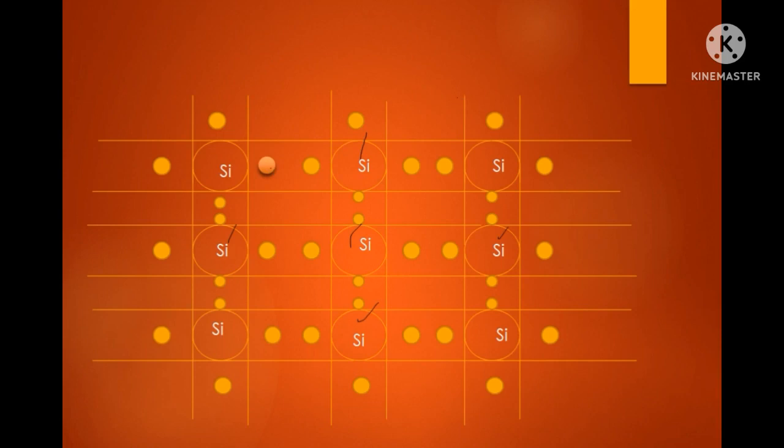As this electron is moving away from the crystal, a vacancy of electron is created. This is basically a 2 electron bond, but due to the absence of this electron, there is a vacancy of electron. This vacancy of electron is called a hole. So what is a hole? A hole is basically a vacancy of electrons.